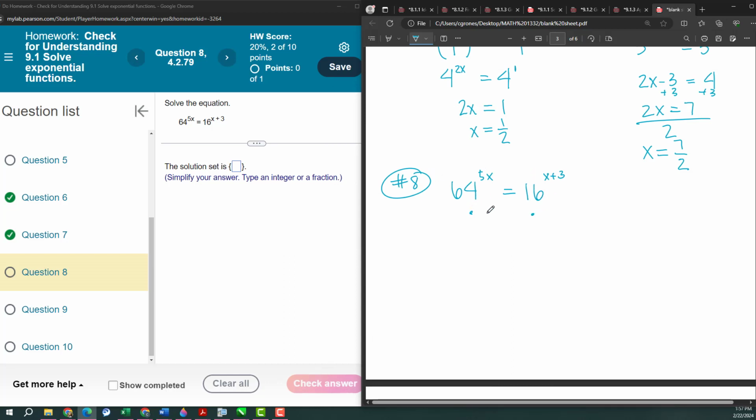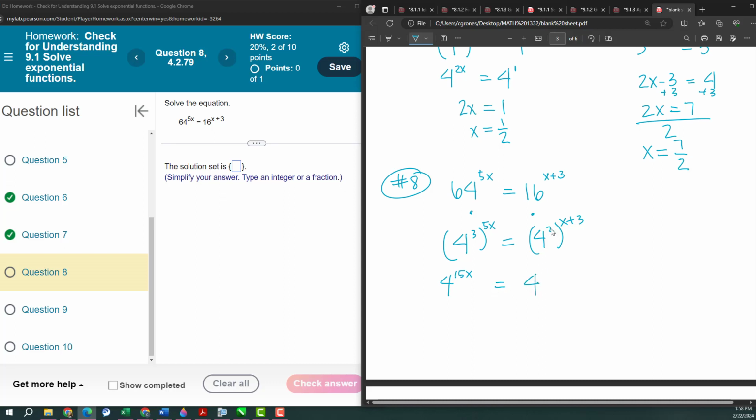So 4 is a number that goes into both of these. 16 is going to be 4 squared. And then 64 is 4 cubed, and then we have 5x. All right, so your exponents will go together. 3 times 5x is 15x.